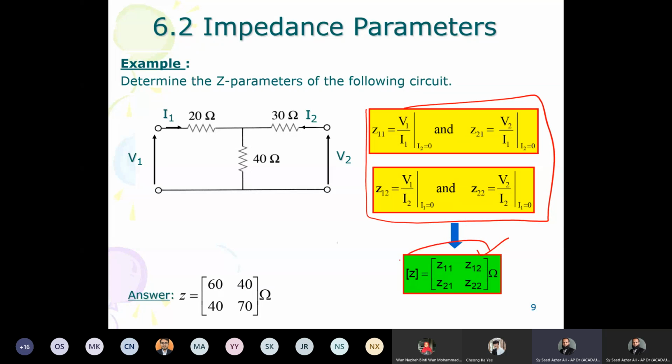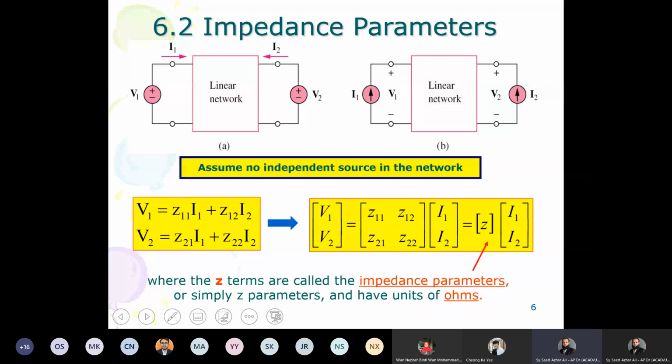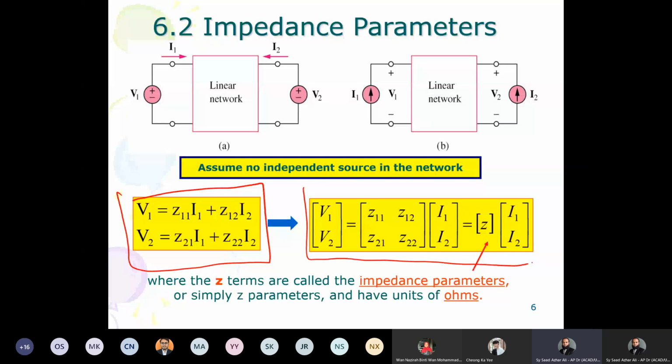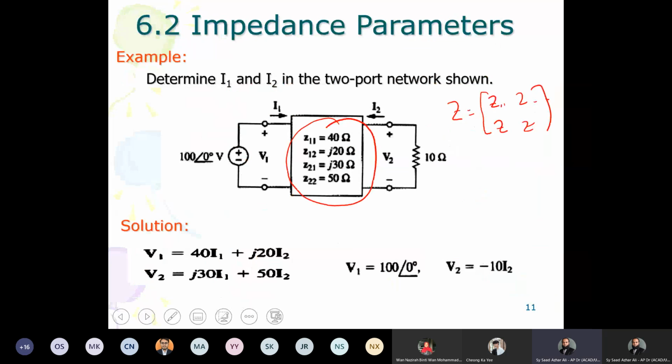This particular matrix means this equation, written here. V1 is Z11, 40 ohm, times I1 plus Z12, j20, times I2.